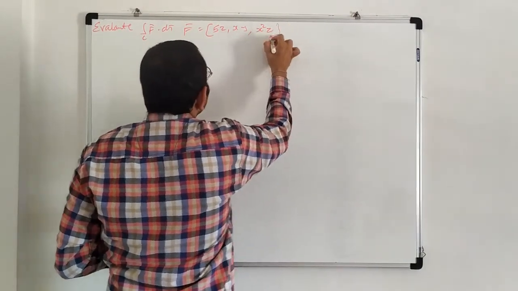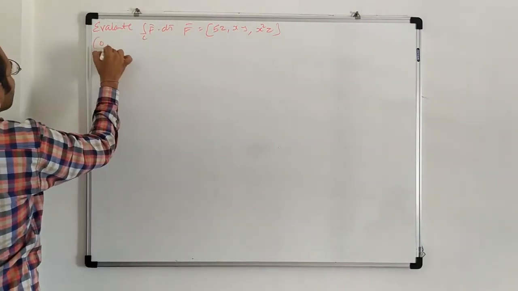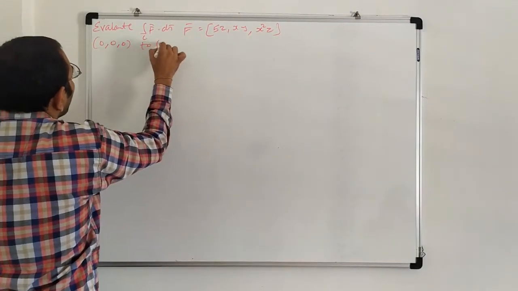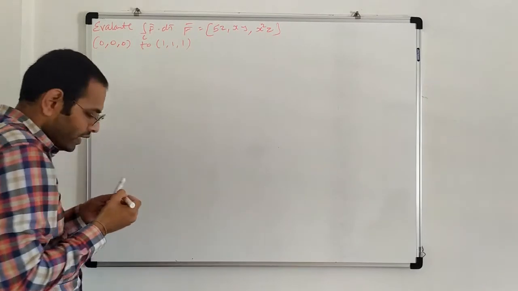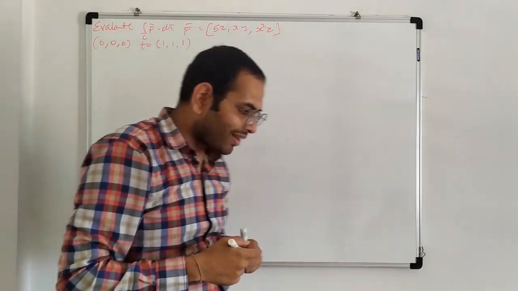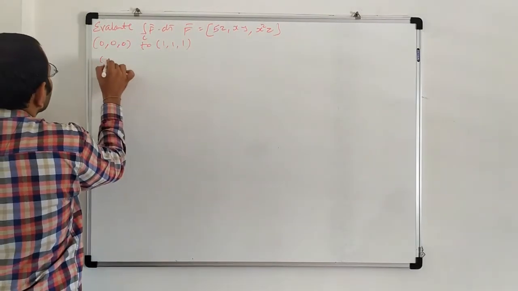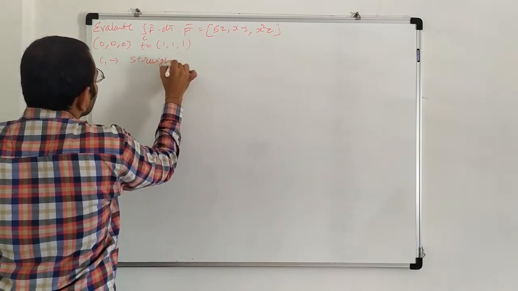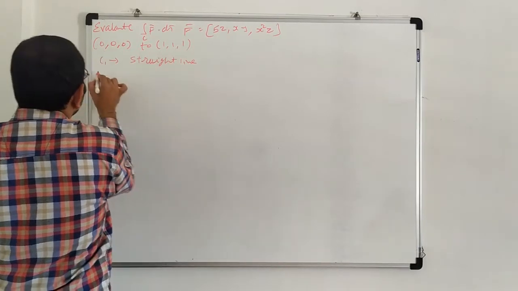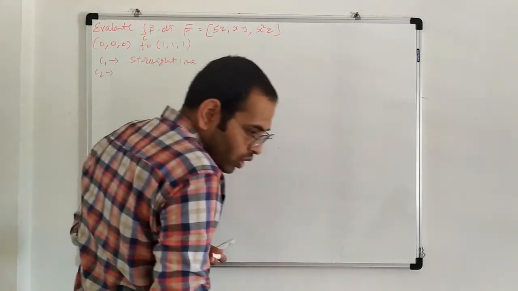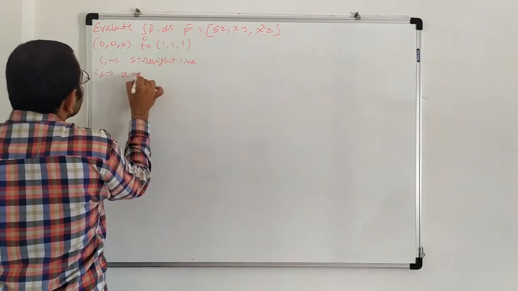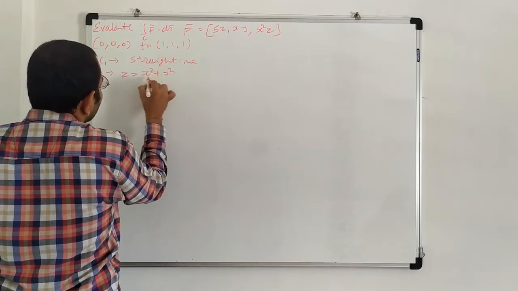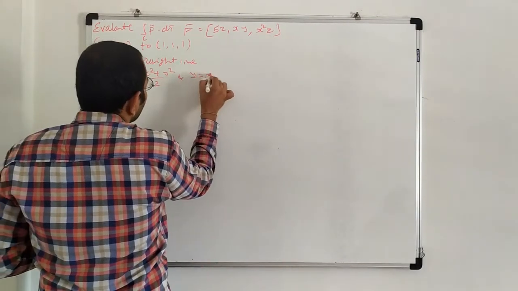The points are 0 0 0 and 1 1 1. Path C1 is the straight line, and path C2 is z equal to x square plus y square by 2 and y equal to x.